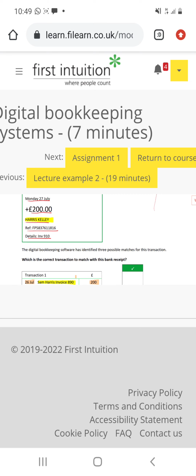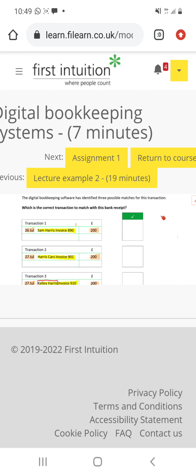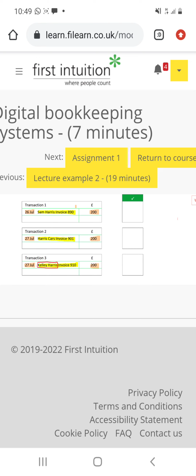The other massive thing we've got is invoice number 910, because this one down here is invoice 910. So looking at the name and the invoice number, that is how I can really distinguish that the receipt must belong to transaction number 3, and that's where I would now click and put my tick.